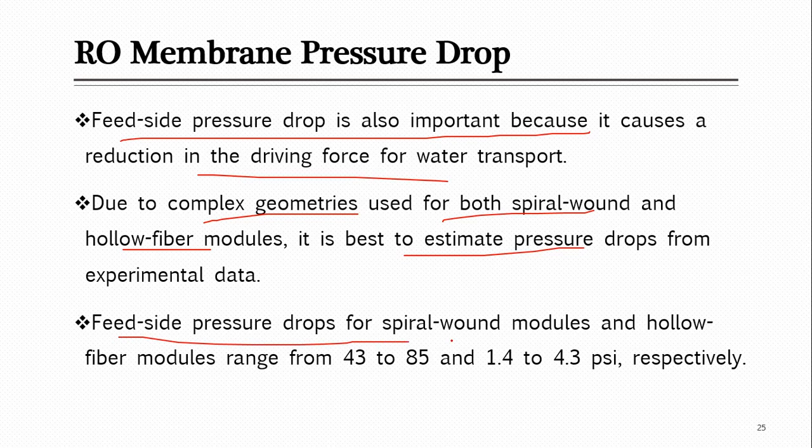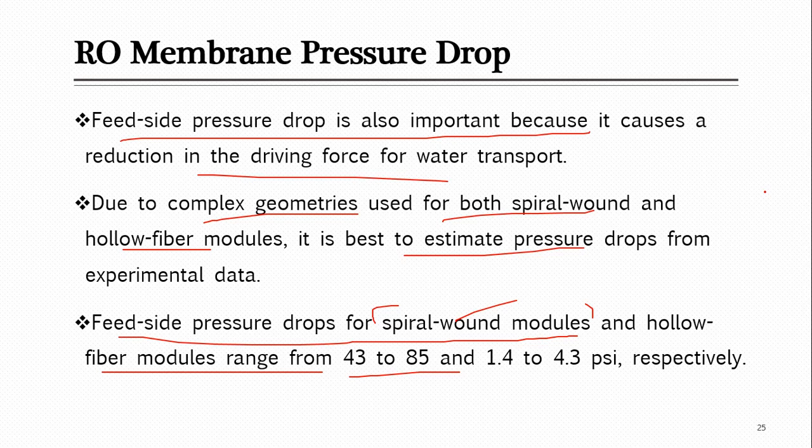So the feed side pressure drop for spiral wound modules and hollow fiber modules has some range. If you are using spiral wound, you know that in spiral wound modules the sheets are rolled, and then there is one tube at the center of these rolled membranes. That's a complex system, and in that the pressure drop is high.